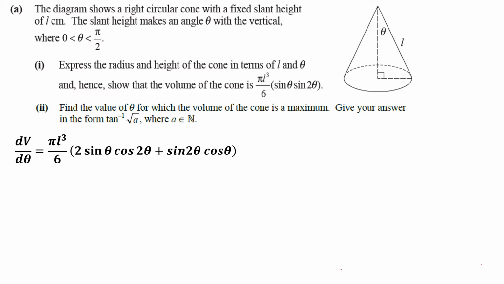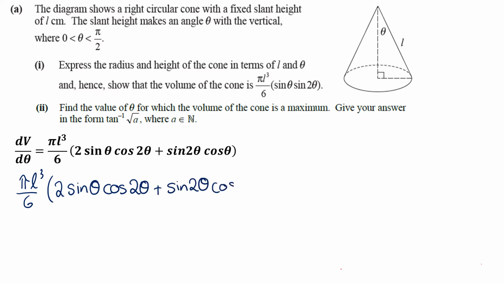Now we're trying to find the value of theta for which the volume is a maximum. So to get the maximum, we let the first derivative, or in this case dV d theta, equal 0. So we get pi L cubed over 6 times 2 sine theta cos 2 theta plus sine 2 theta cos theta, and let that equal 0.